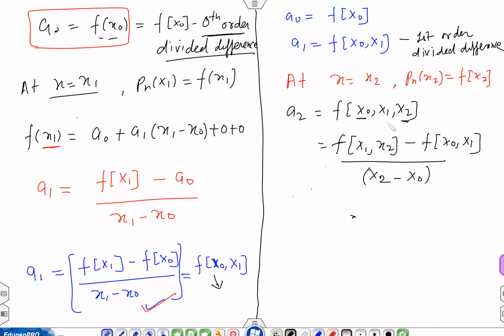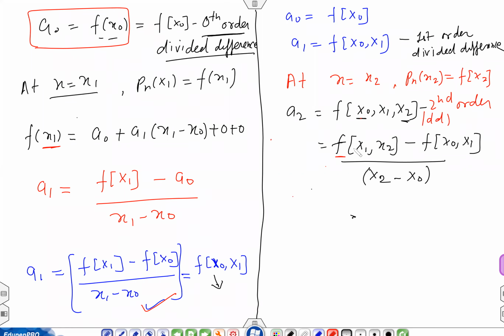When there are three values, this is called the second order divided difference, or DD for short. This is the value of f[x0, x1, x2].